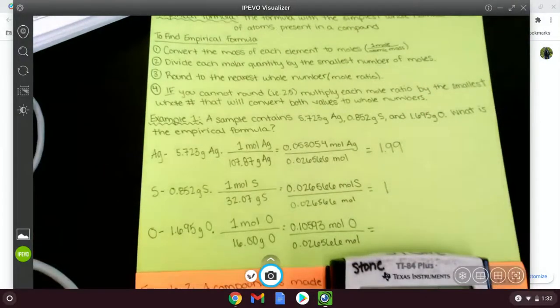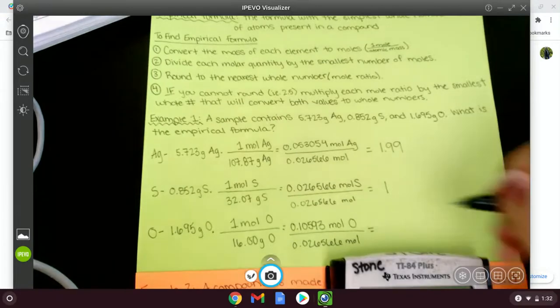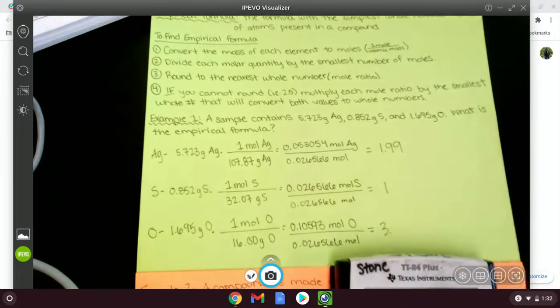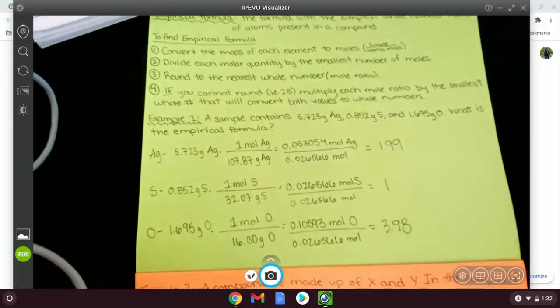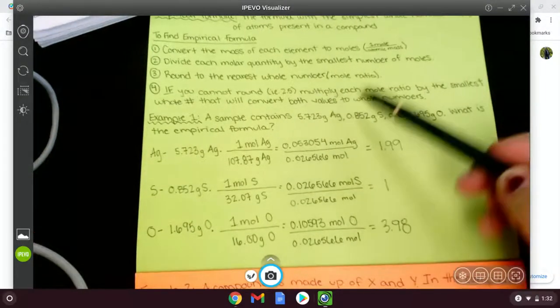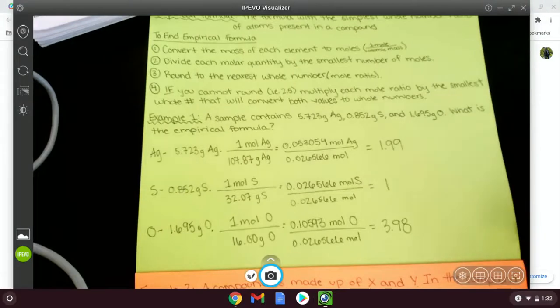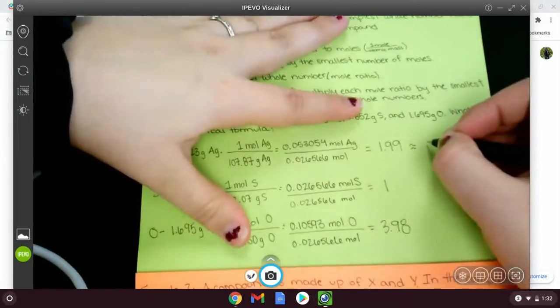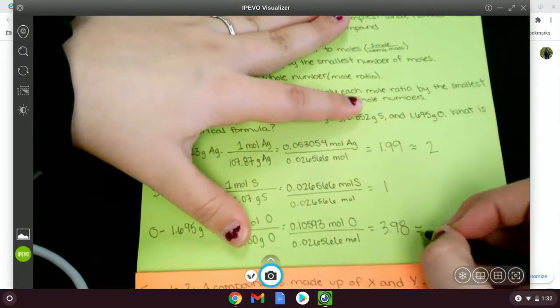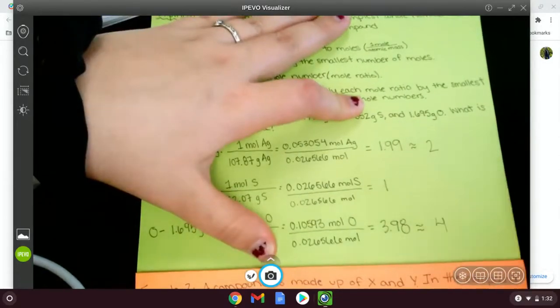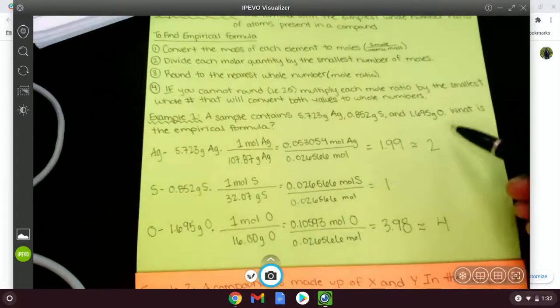This is 1, and for oxygen, we will get 3.98. So round to the nearest whole number is the third step. So 1.99 rounded becomes 2. 1 is already a whole number, and 3.98 rounded becomes 4. So these are all whole numbers.